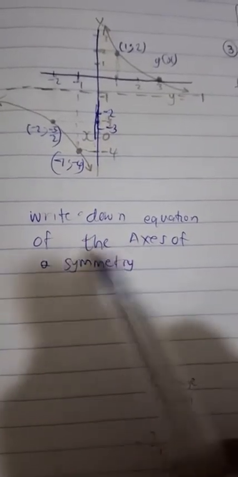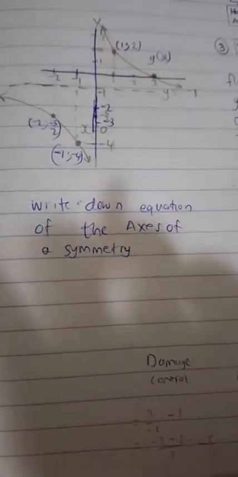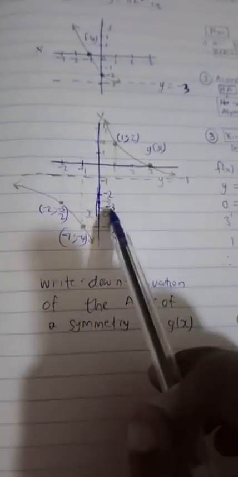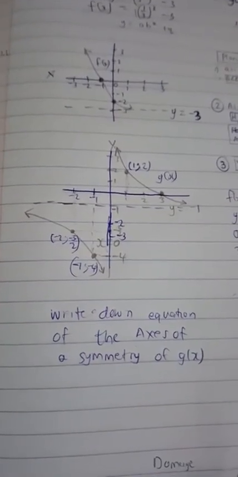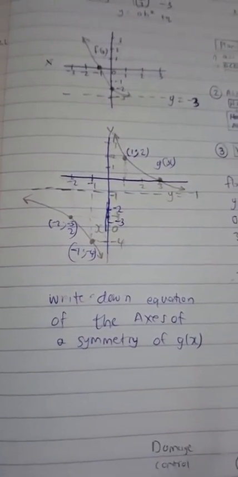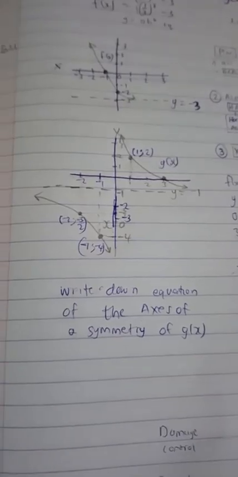Write down the equation of the axes of symmetry. Okay, write down the equation of the axis of symmetry of g. Okay, so g of x here, guys, does have what we call an axis of symmetry. Okay, and there are two of them.